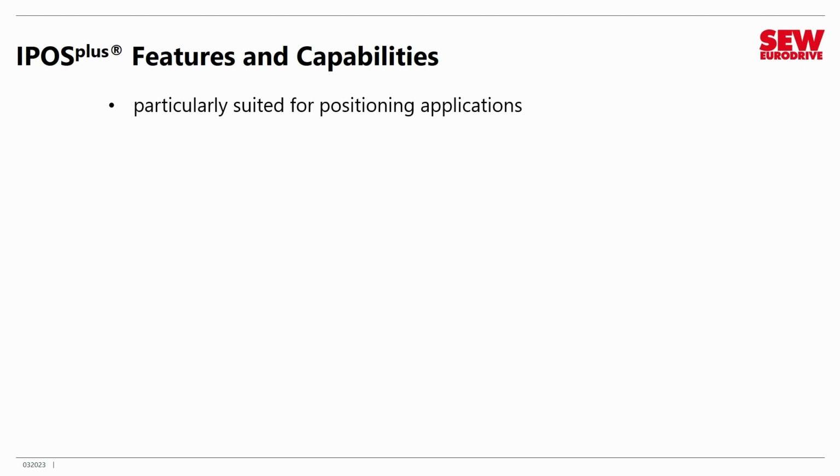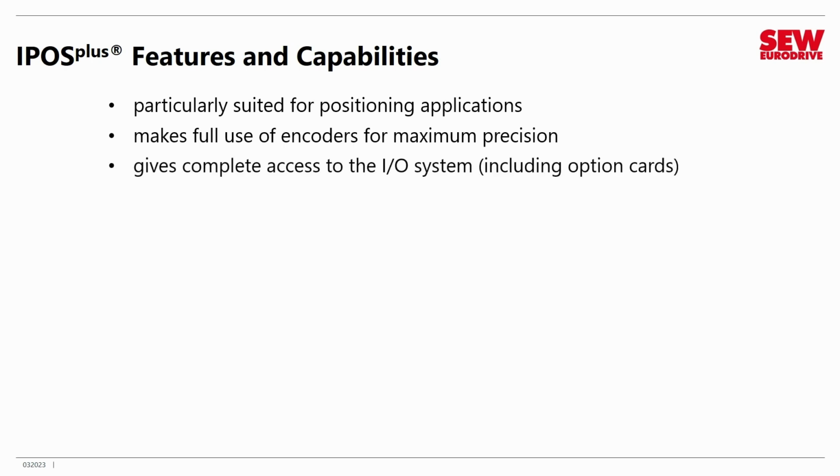But positioning is its specialty, and that's what most people use it for when they're writing a custom IPOS application. IPOS makes full use of encoders for maximum precision. In fact, you have to have an encoder on your motor if you're using IPOS, because IPOS needs that precision. But it's going to take advantage of that and give you really super control if you have a decent encoder.